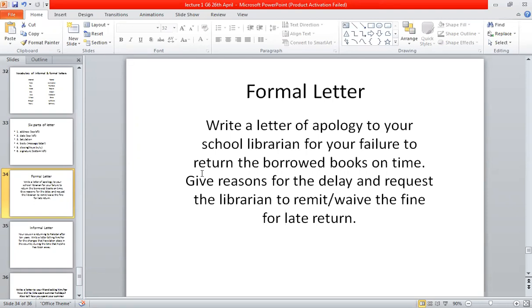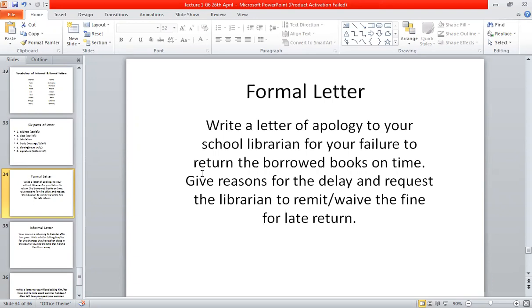However, I fell ill and the doctor advised me a week of rest, but my parents insisted I continue my rest beyond a week. Now I am ready to pay the fine for both the books. I apologize for not being able to return the books in time. Kindly remit or waive the fine.